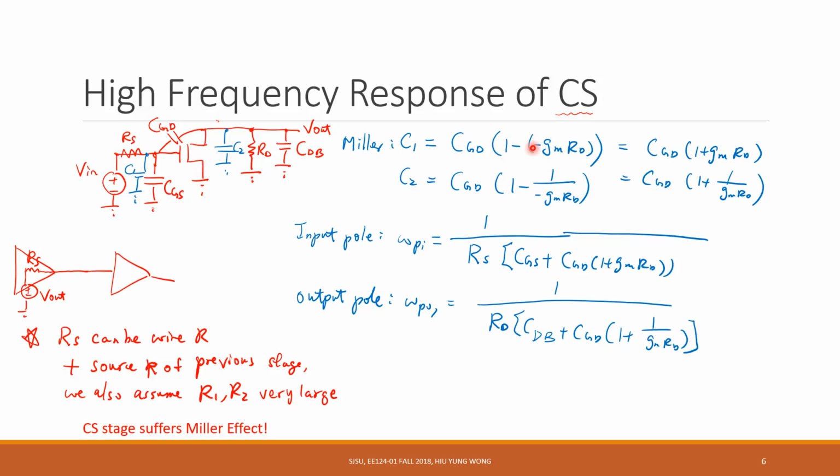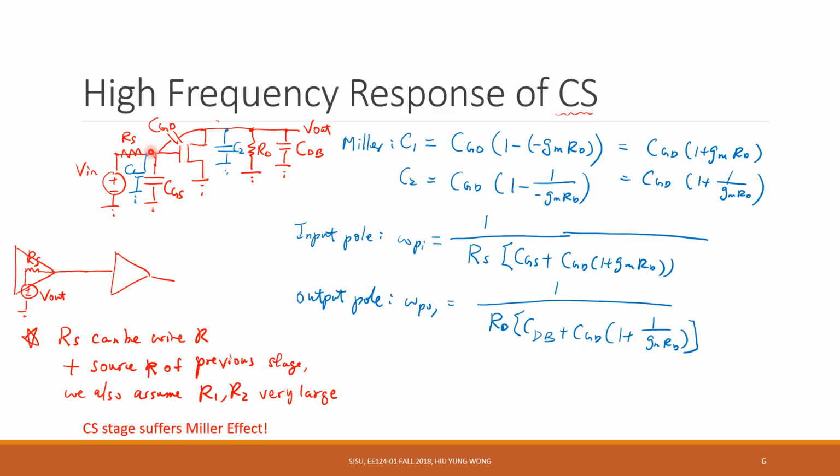The gain we know is negative gmRD, so C1 is CGD(1 + gmRD). And then the other one is C2, CGD(1 + 1/gmRD), which is 1 minus 1 over negative gmRD. And then we can use the method we have learned for each node.